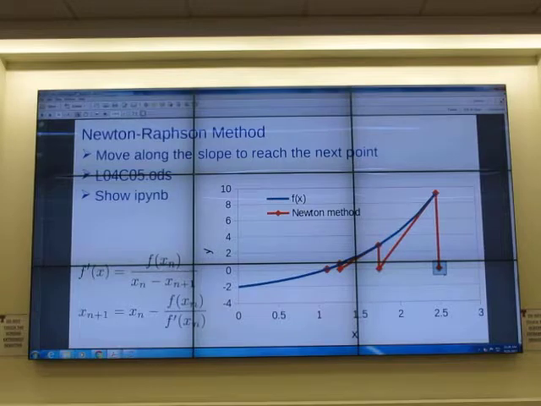If you look at this blue line, the slope of the blue curve at that point, is it positive or negative? It's positive, right?